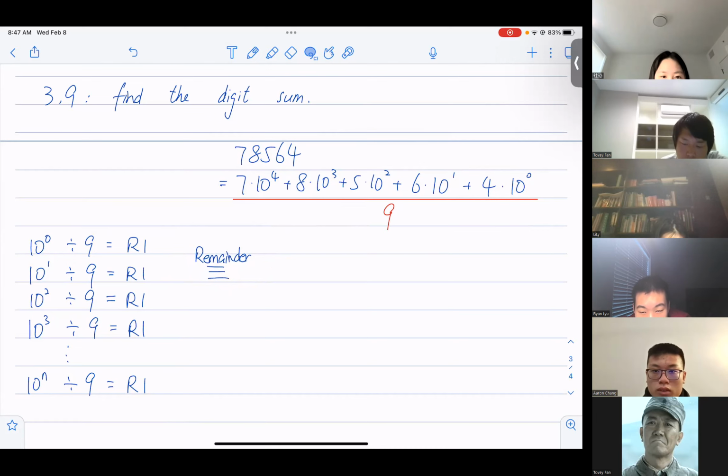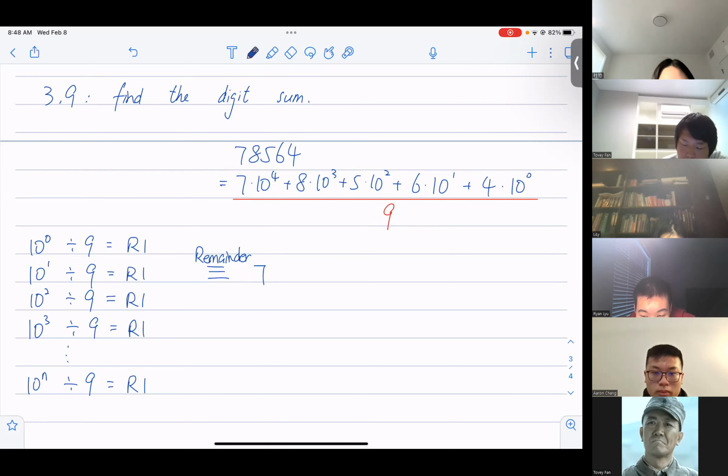So 10 to the 4th divided by 9, the remainder is 1. That means if you have 7 times 10 to the 4th, then the remainder would just be 7, right? Because 1 times 10 to the 4th divided by 9, the remainder is 1. If you times it by 2, of course, the remainder is 2. You times by 3, the remainder is 3, etc., right?